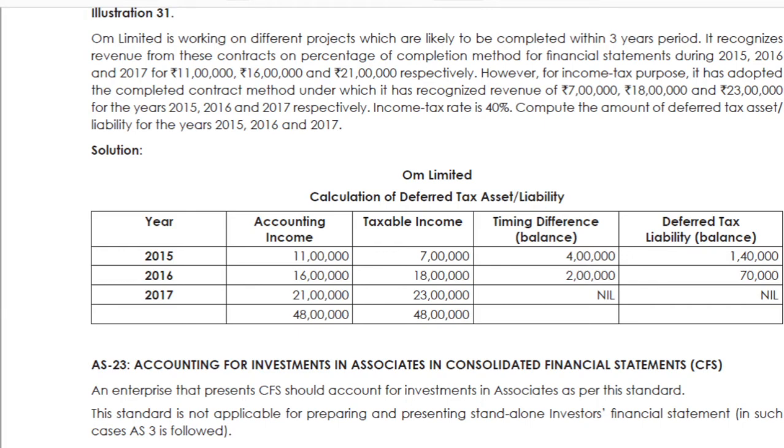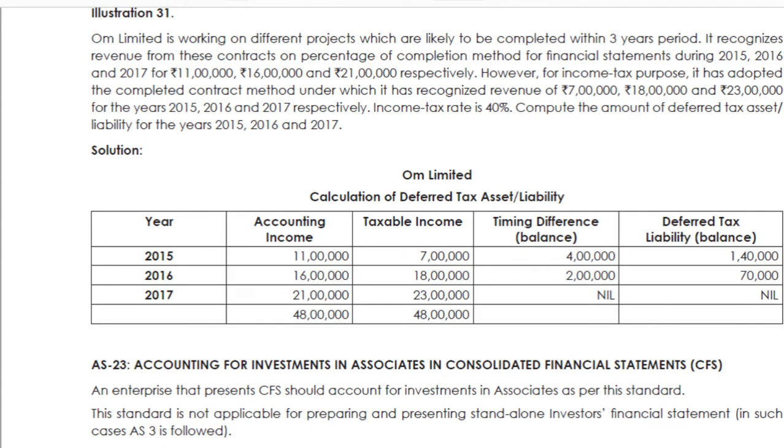Income tax rate is 40%. Assume income tax rate is 35%. Okay, there is an error in the question. Assume it is not 40%, it is 35%. So compute the amount of deferred tax asset or liability for the years 2015, 16 and 17. So this is the question.